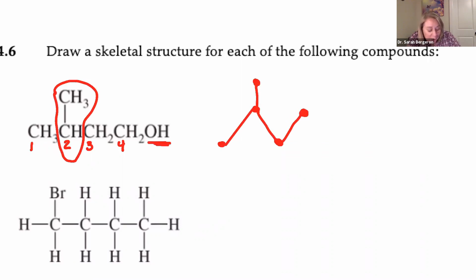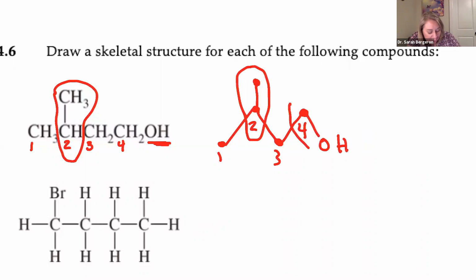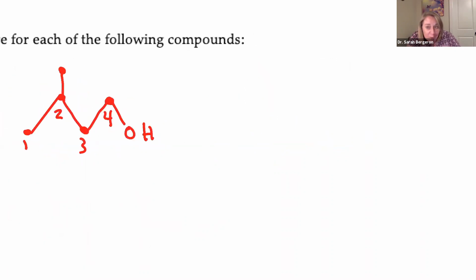And then on the fourth carbon, I have a hydroxyl group. So I'm going to put an O, that's an oxygen, and a hydrogen. Okay, so that's my structure. I want to make sure 1, 2, 3, 4, I have the same thing. On the second one, I have another CH3, and on the fourth, I have an OH attached, and that's indeed what I have.